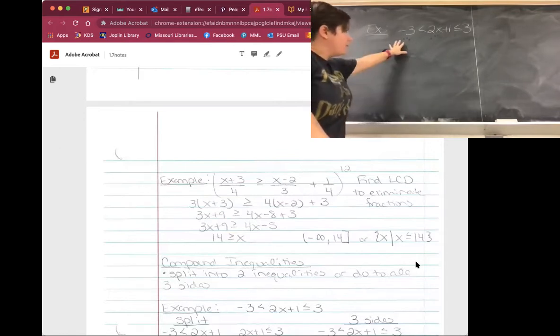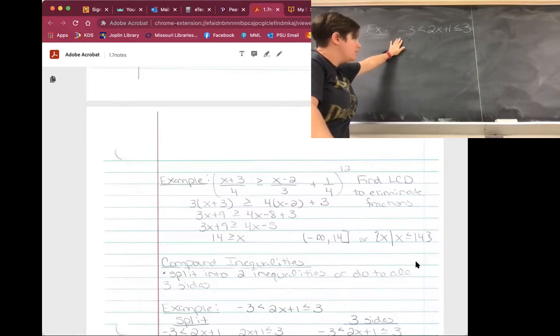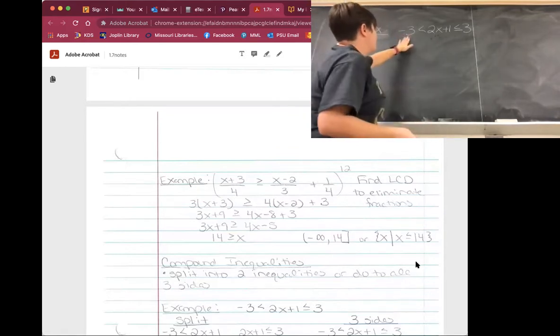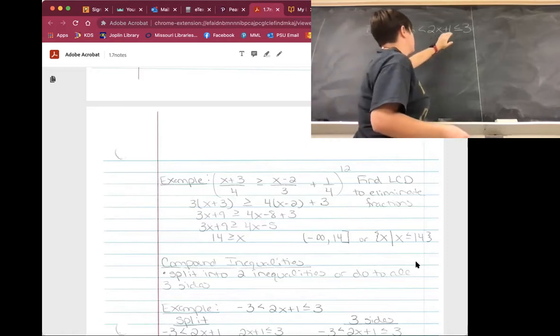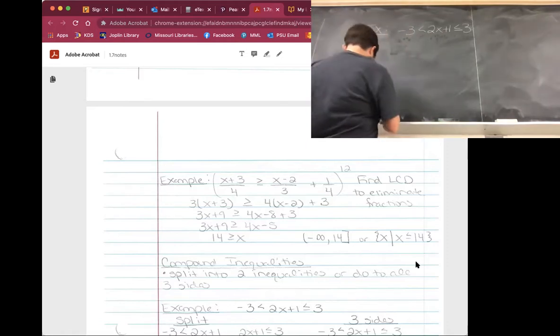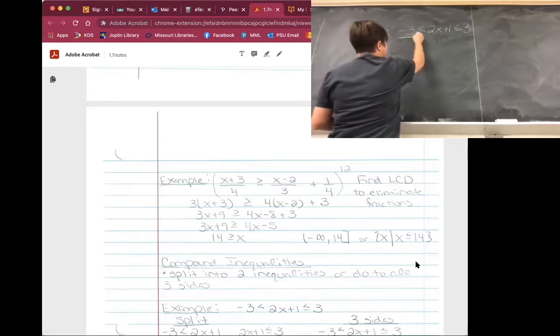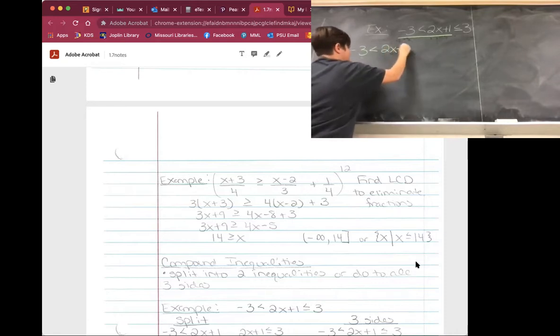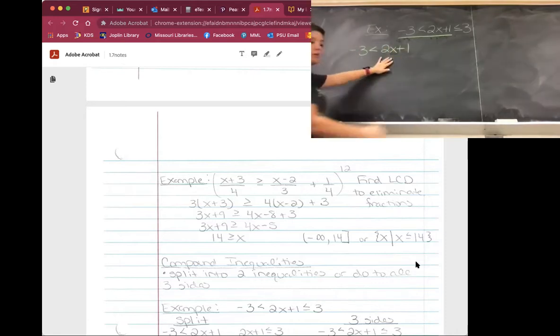So if you are going to split it, then what we're doing is we're looking and saying, okay, -3 is less than 2x plus 1. I'm going to write just that part. -3 is less than 2x plus 1. And that's its own inequality, and I'm going to leave it just like that.